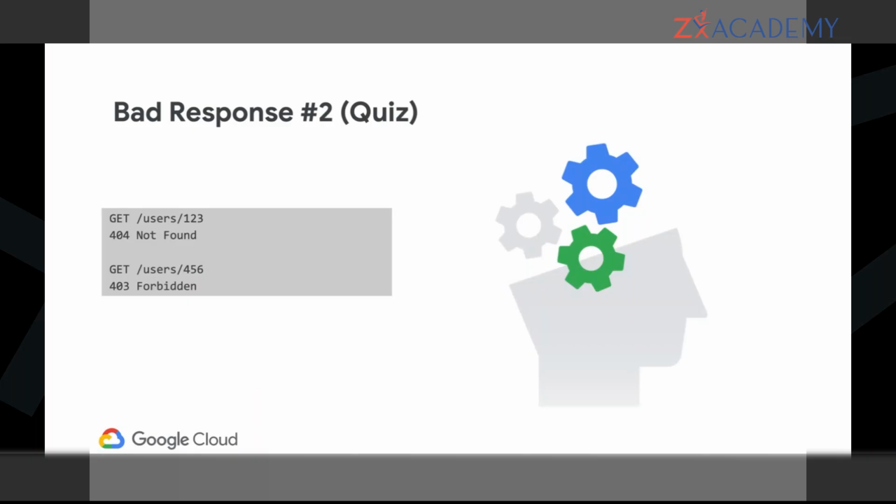But if they see 403, they will easily understand that this 456 is a valid user ID on the system. So now they will try to find other ways to hack the data. It is like by mistake you are inadvertently leaking the information.